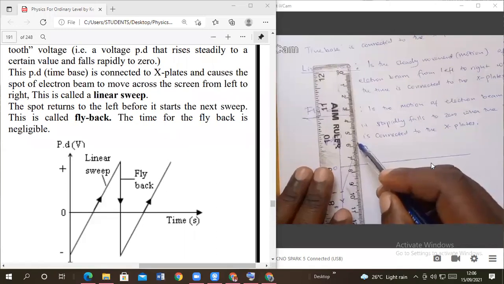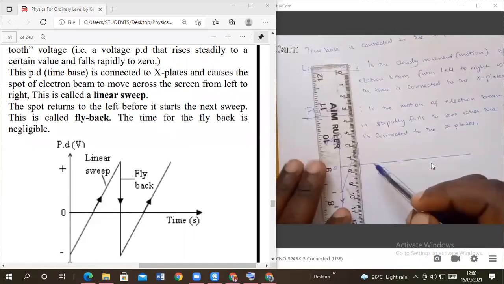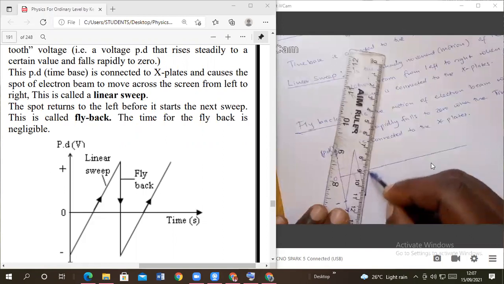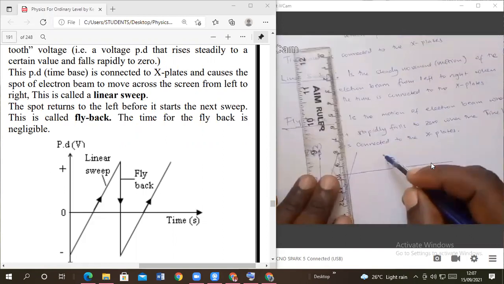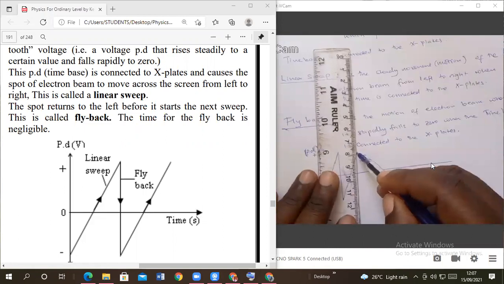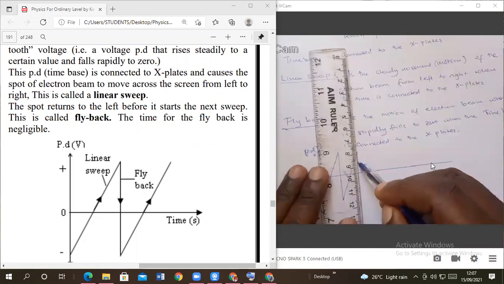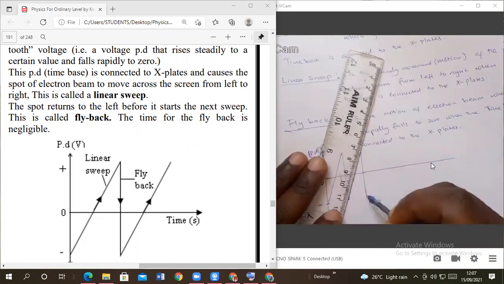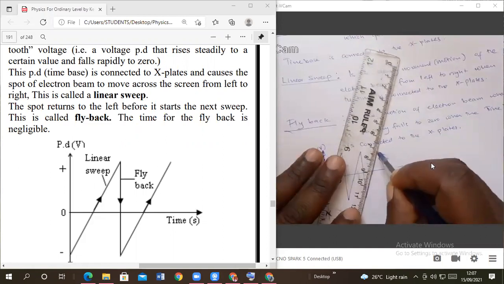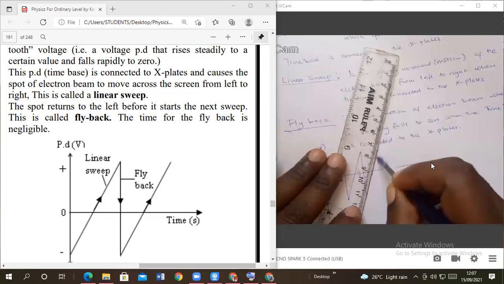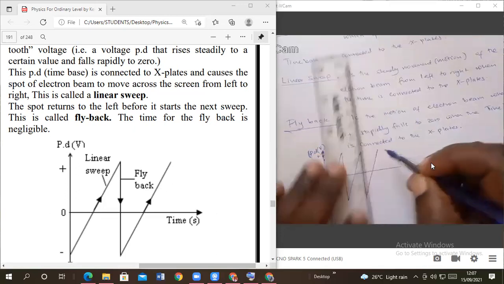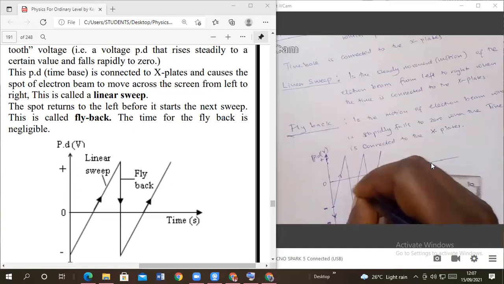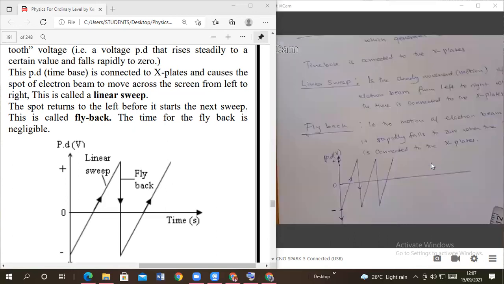This is a straight line. And then we have it again, and it falls back to 0 again, then returns to negative. These lines should be parallel. So we shall have a linear sweep and the flyback in that direction.